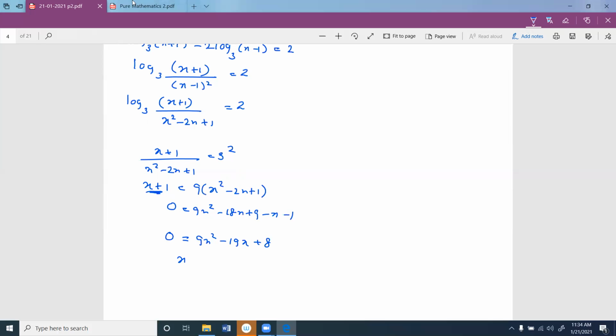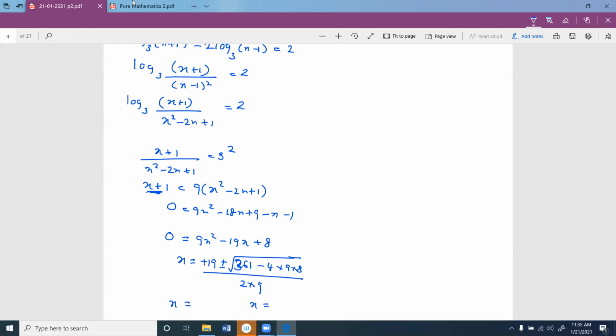From here, you can use the formula: x equals 19 plus or minus the square root of 19 squared. 19 squared is 361, minus 4 times a is 9, c is 8, divided by 2 times 9. From here, you can get the answers for x.